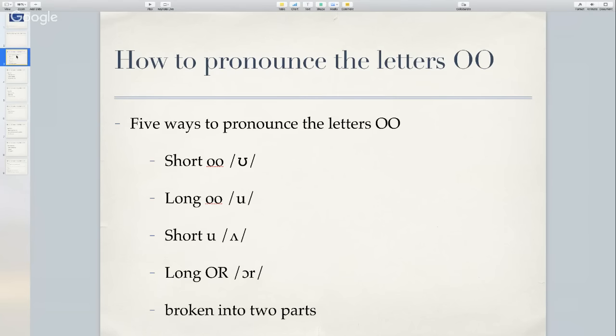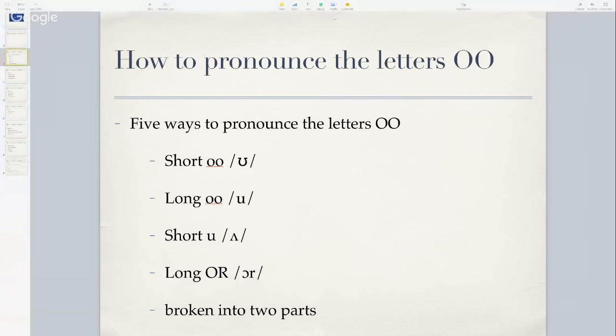So there are 5 ways to pronounce the letters O. And those are with the short sound, a long sound, a short sound, a long sound, or we can actually break these letters into 2 different parts and say something like O and then O as a syllable break when we're going to start another word. And we will get into directions for all of these in a minute.